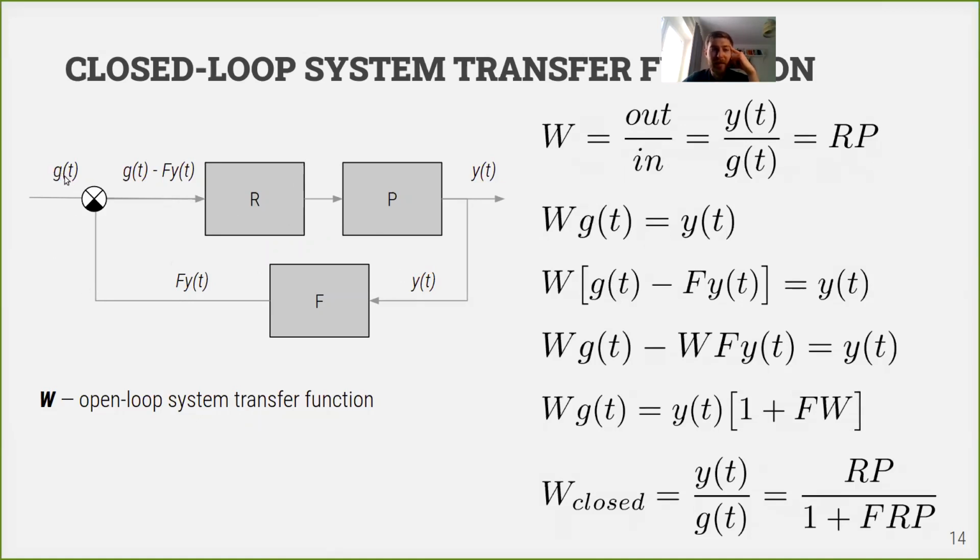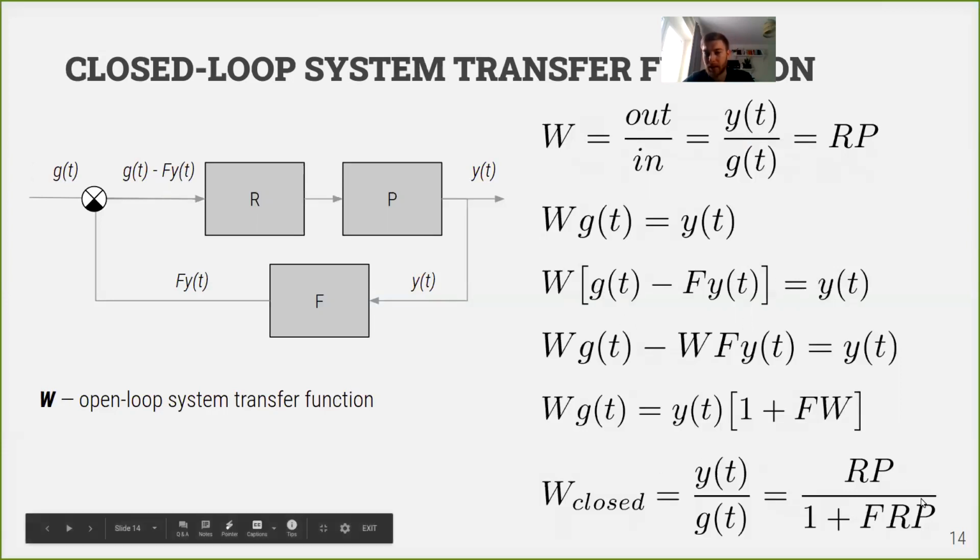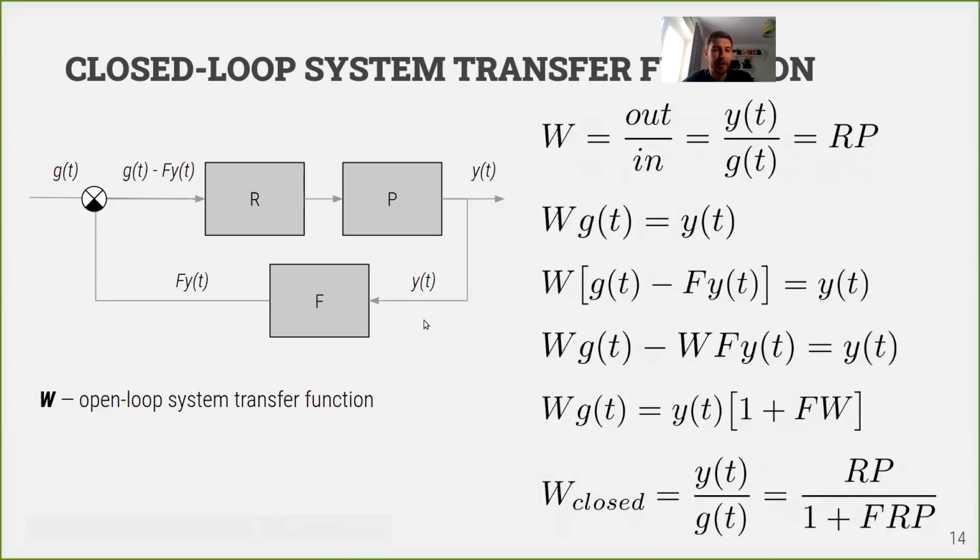For the system with a feedback loop, the input is now G minus Fy, because here this circle stands for minus. So for the open loop system, we had an input of G. Now we have a new input, G minus F multiplied by Y. And opening these brackets, we get exactly this equation, where in the numerator we have the open loop system, and in the denominator we have 1 plus this expression.